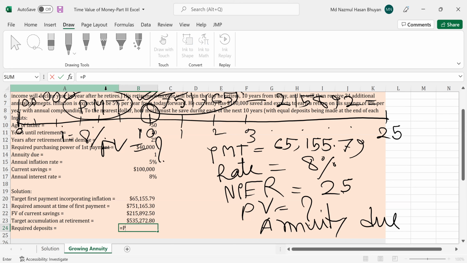So it is PMT, and we know our rate is 8%. And NPER, your father will deposit money for how many years? For 10 years. Next, PV. No PV here, so 0.